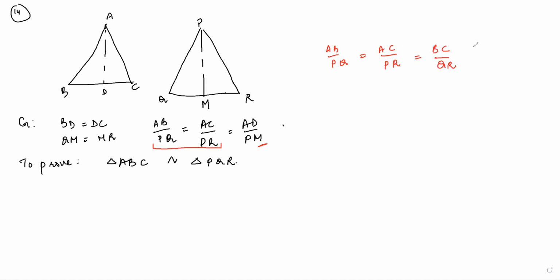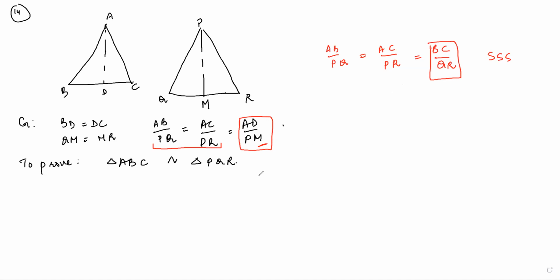If I get all the sides proportional, then the SSS criterion is satisfied here. But there is some problem: instead of the third side, I am given the median. So my approach will be to change this median into the third side. Understood?